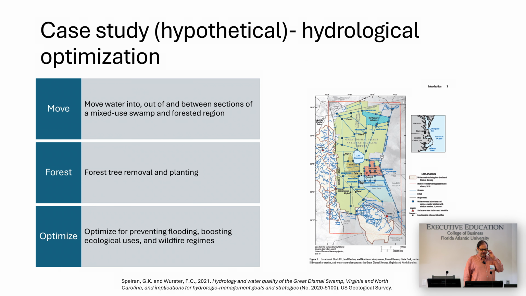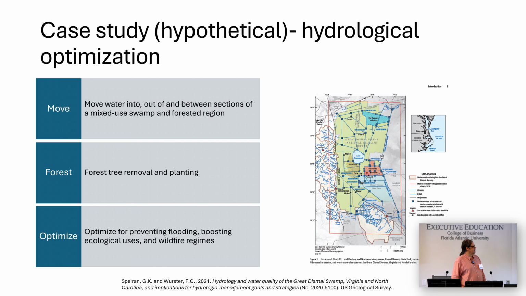So I'm going to do a hypothetical case study with a Bayesian network for a hydrological optimization problem. In this stylized example, we just want to look at a swamp, forest area, mixed land use, environmental area that we want to move water into and out of different sections with culverts and pumping structures.